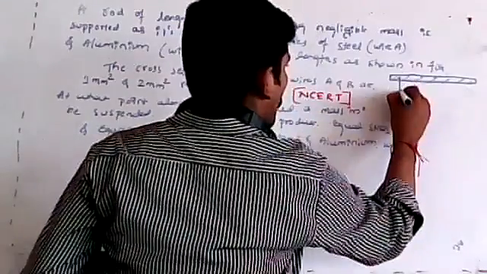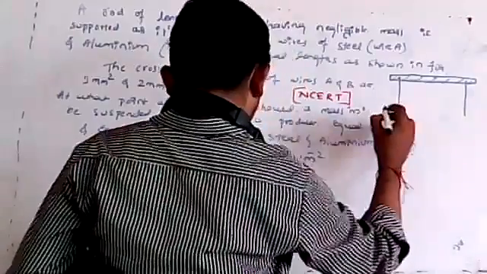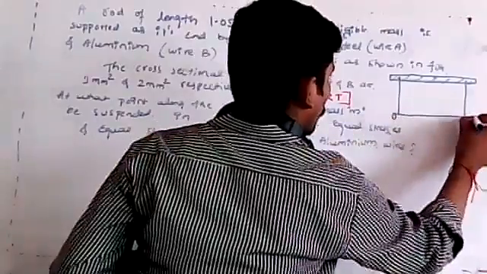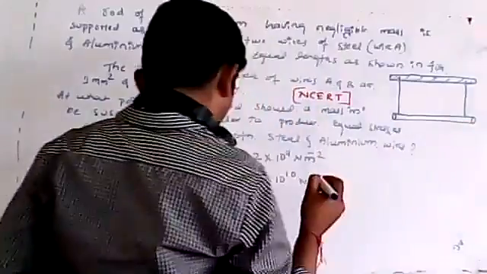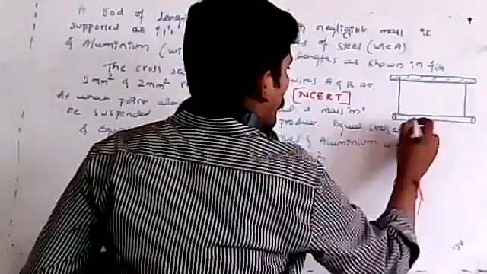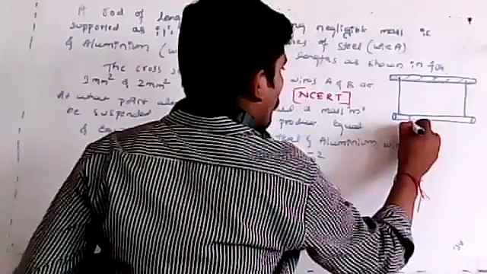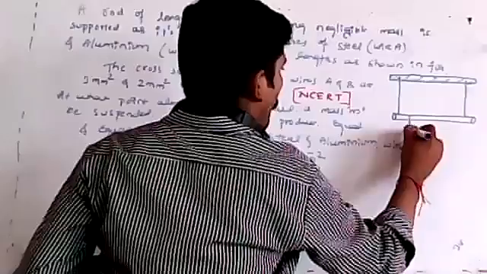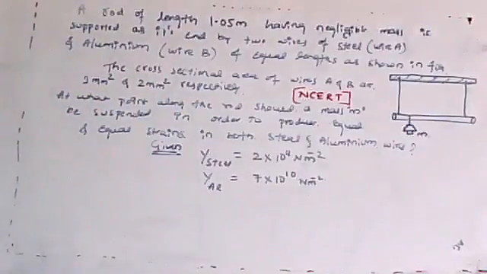From this they used one metallic rod like this. Somewhere they put some mass. We don't know at what point we have to put this mass. Just try to understand the question.